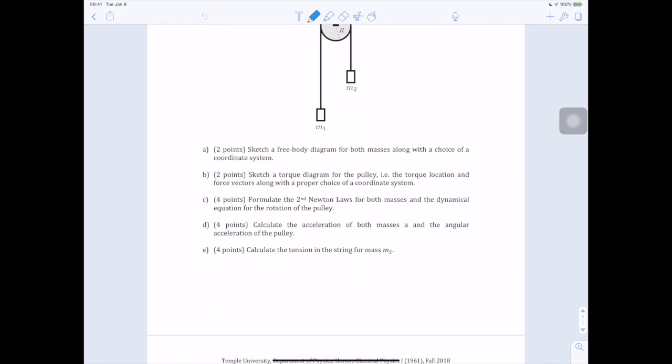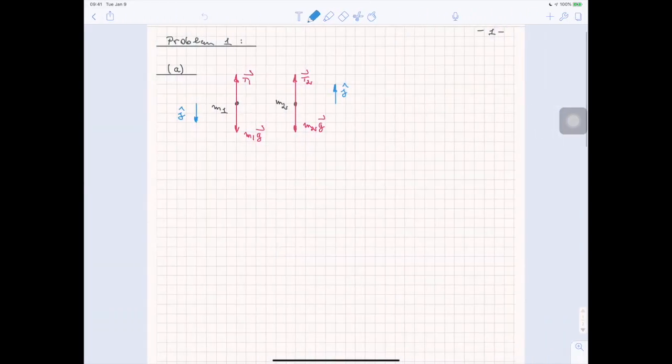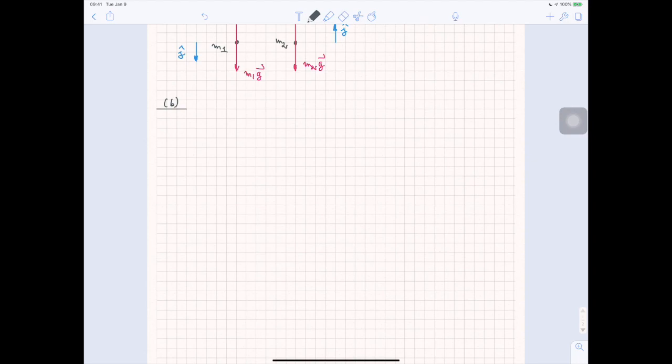Now part B, sketch a torque diagram for the pulley, meaning the torque location and force vectors along with the proper choice of coordinate system. So now we have to work on this a little bit here. So now let's come to part B. Okay, so now let's draw here a circle.